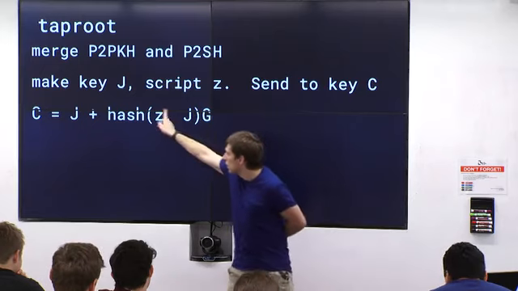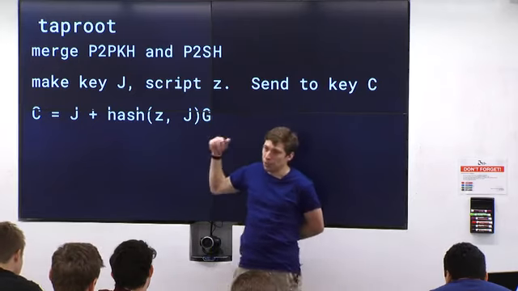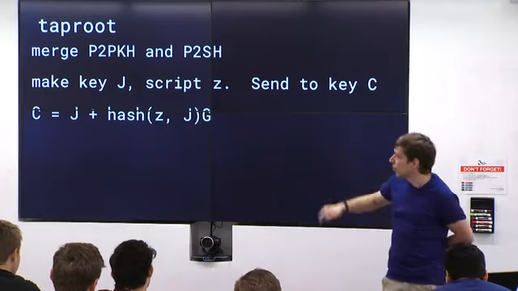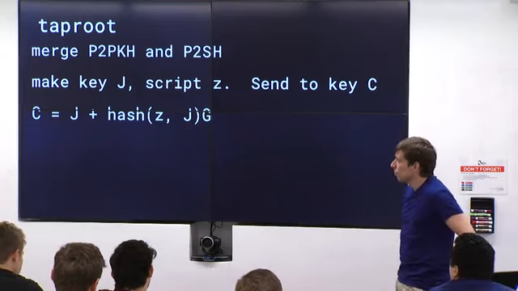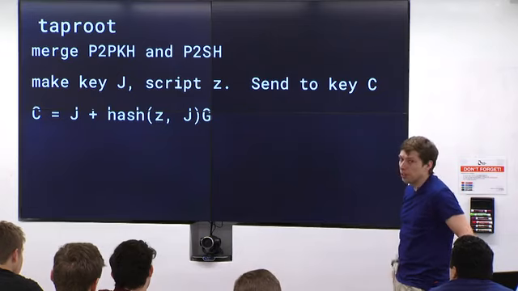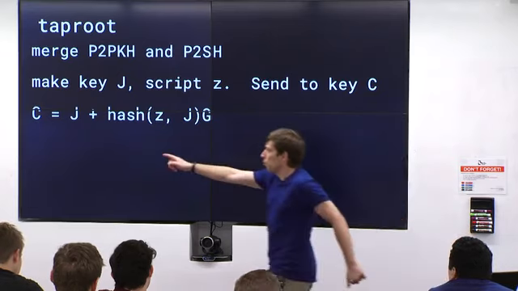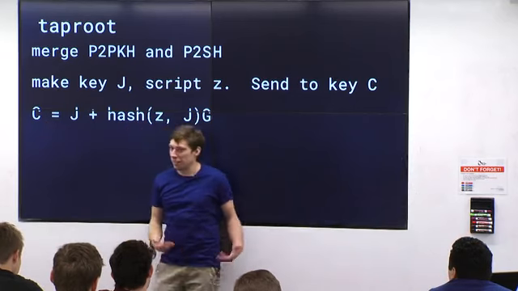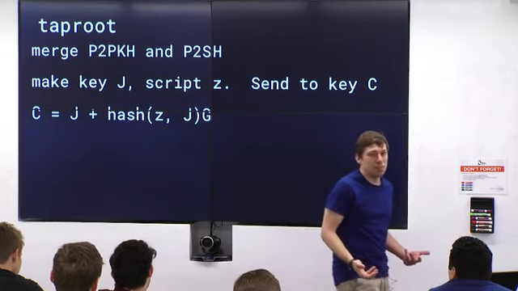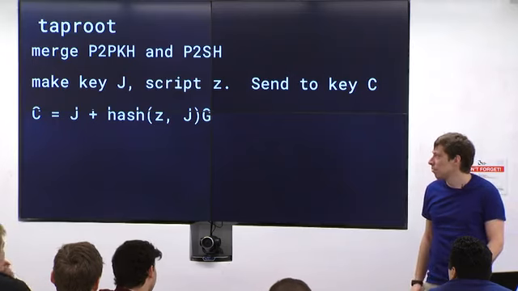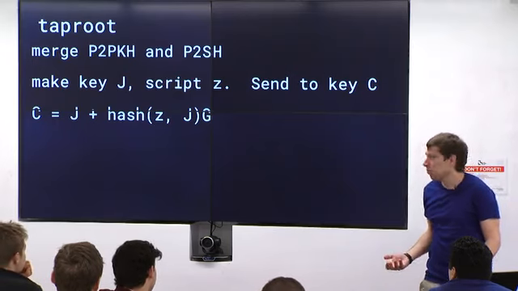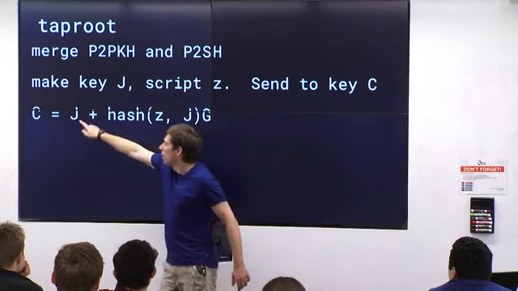So this is the same as the thing I just did with the op return in 0 bytes, right? And then I send money to it. I've sent money to this C point. Can I sign with C's private key? I know little j.